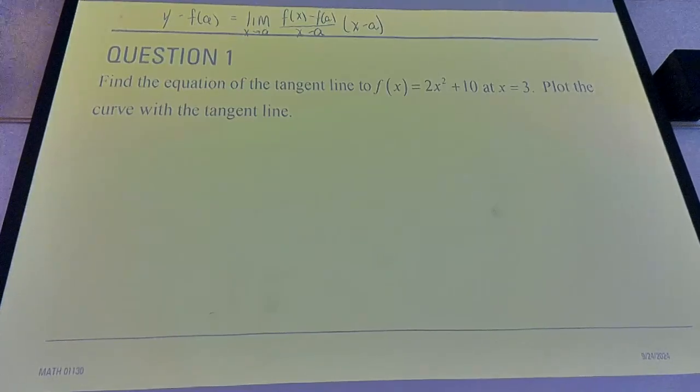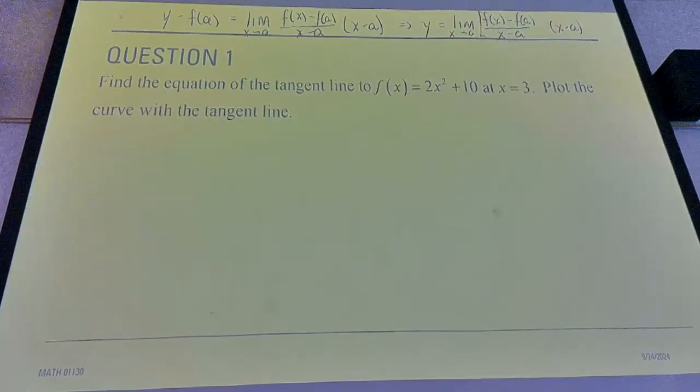So that would be the point slope form for a tangent line at A. Would be less ambiguous.